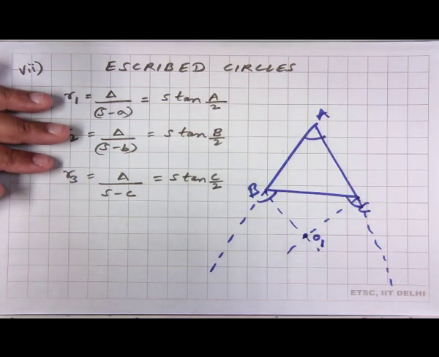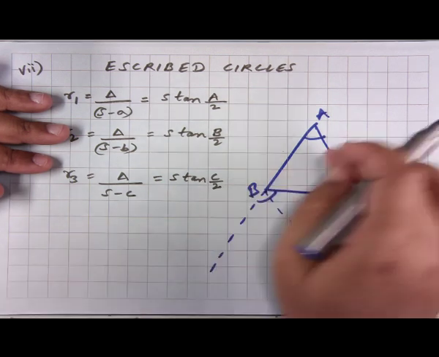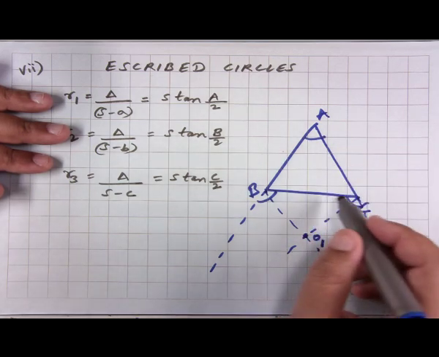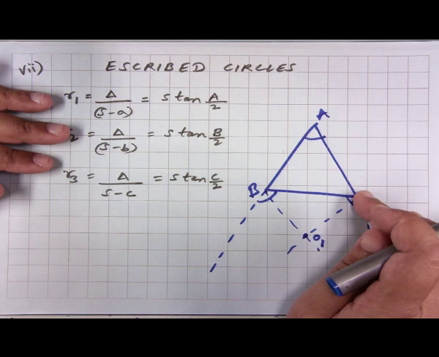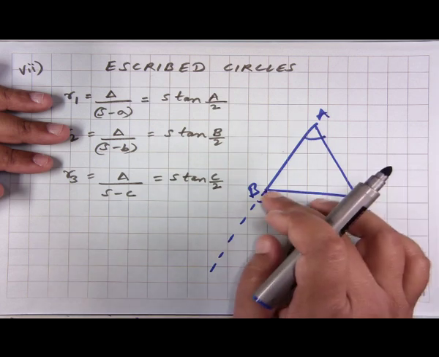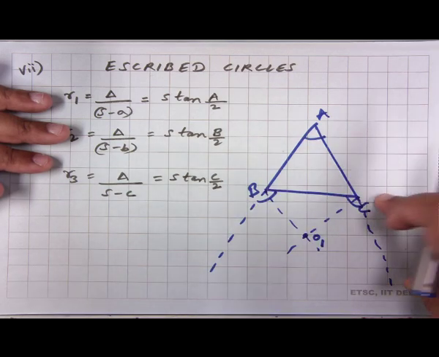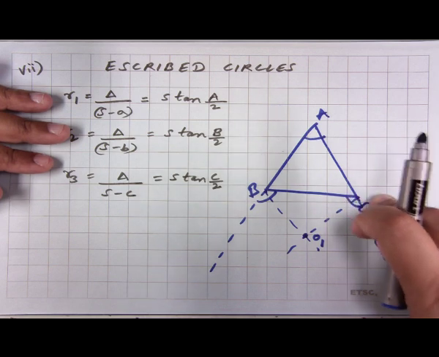So the escribed circle opposite to angle A is the circle which touches the line BC, the produced part of AB and the produced part of AC at exactly one point.